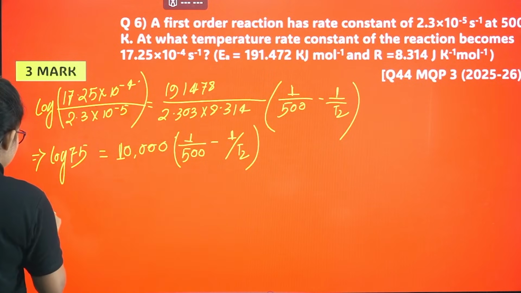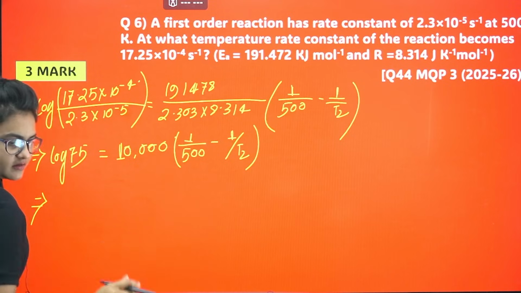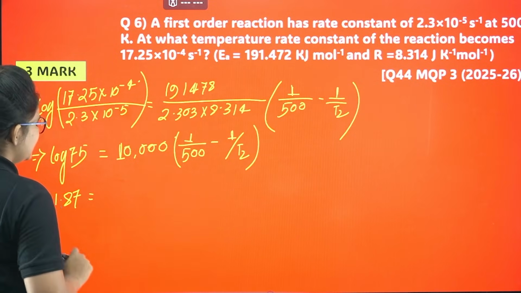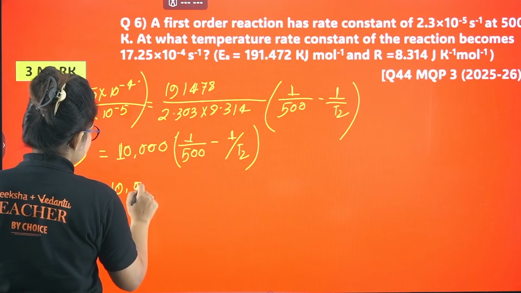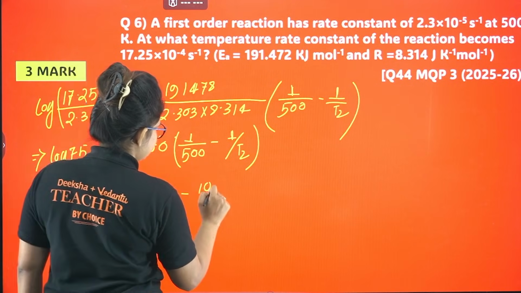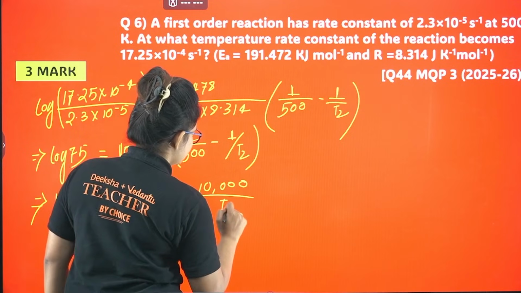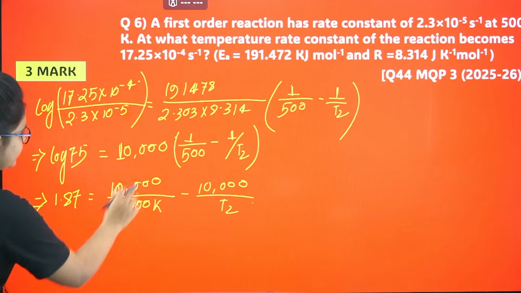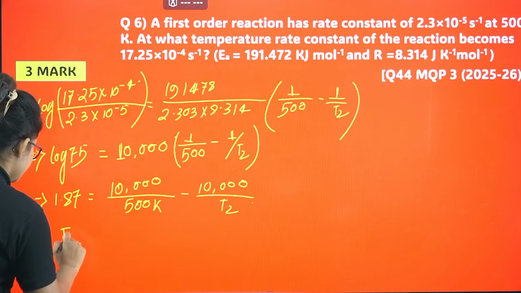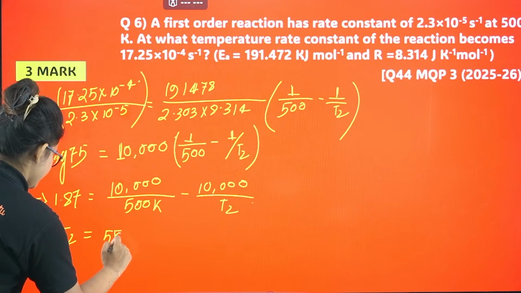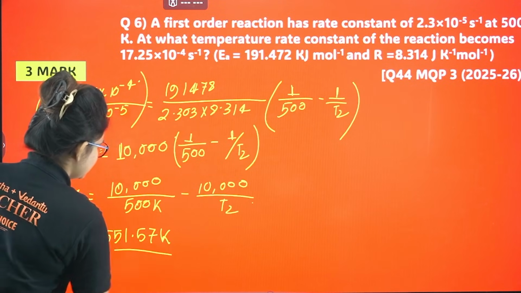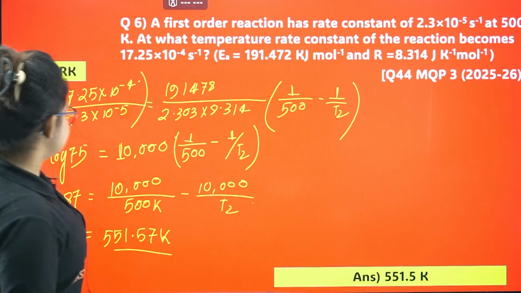Now log 75 if you calculate, you will get 1.87, equals 10,000 by 500 Kelvin minus 10,000 by T2. By simplifying, I am not going to do further simplification, you can do this from here. T2 you will get something like 551.57 Kelvin. I guess this is clear to you.